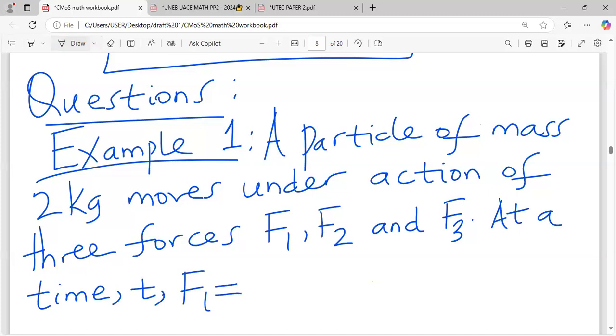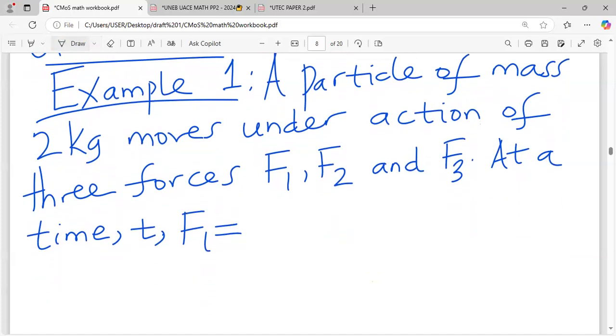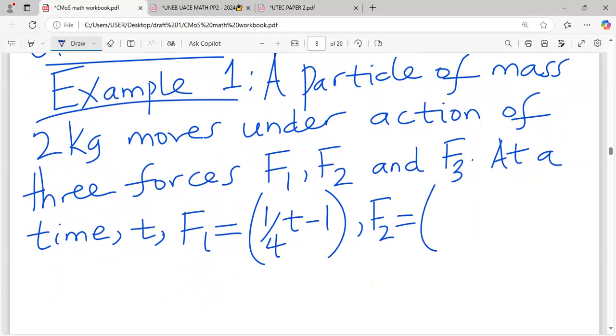F1 is equal to a quarter t minus 1 i plus t minus 3 j.